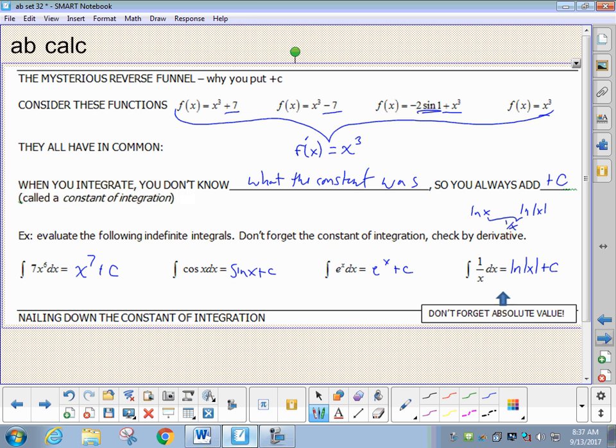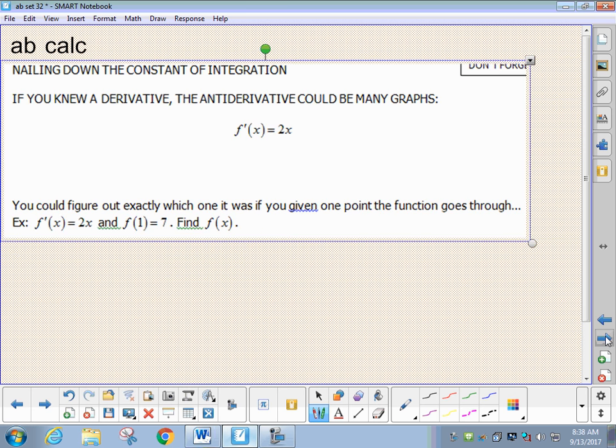You have to say, well, it could have had negatives to begin with, so I'll cover myself and make sure that those absolute values are there. So don't forget that absolute value when you do that natural log. You follow? Okay. Now, as we said, we can't really know what that constant was there to begin with unless you had a little more information.